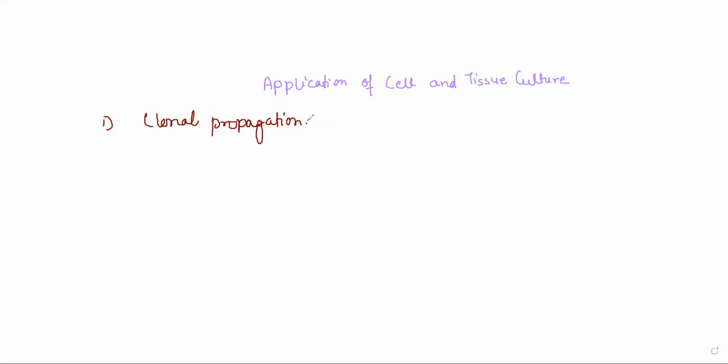So multiplication of genetically identical copies of a cultivar by the asexual reproduction is called as clonal propagation. So I just write the definition over here.